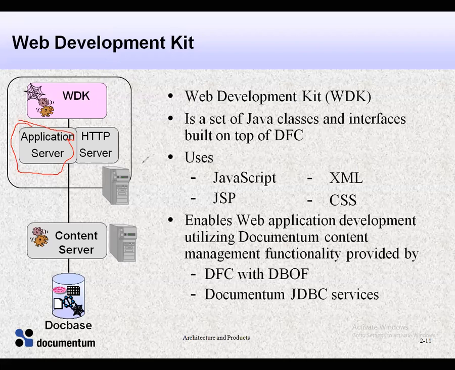WDK is a web-based development kit. Documentum has provided certain Java classes and interfaces. By using those Java classes and interfaces, you can develop web-based applications, meaning a GUI that works as an online portal to access Documentum. Examples are DA, D2, and WebTop.